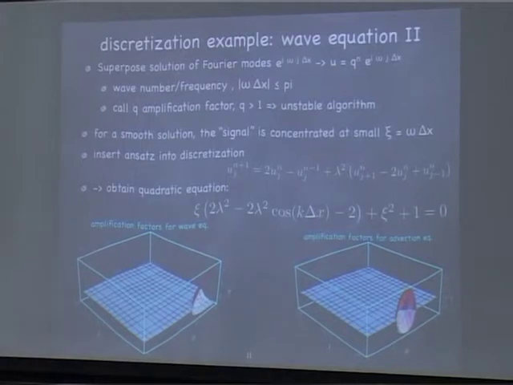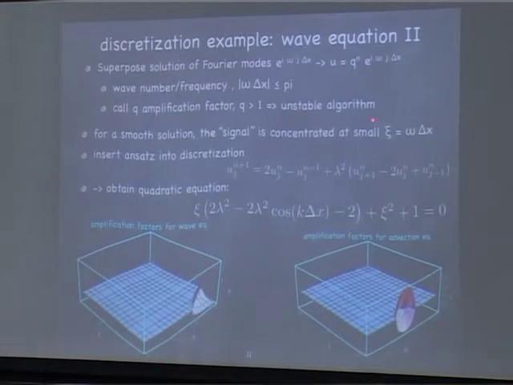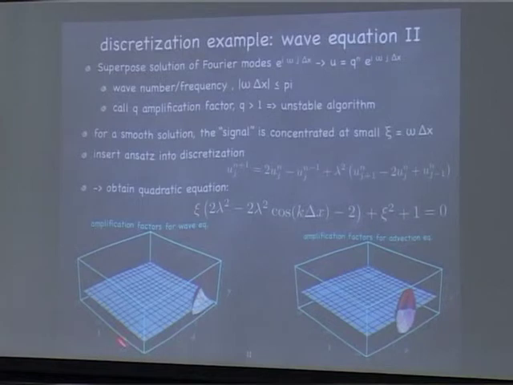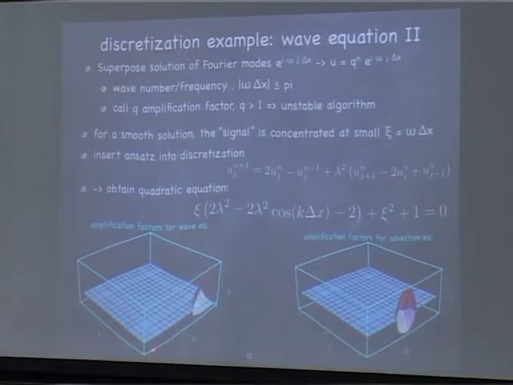What we can also do, instead of just solving this equation, is plot things. You don't see this very well here, but on this axis we're plotting this variable psi, the frequency of the wave, from 0 to pi. And on this axis we have plotted lambda, delta t over delta x, from 0 to 1 point something.